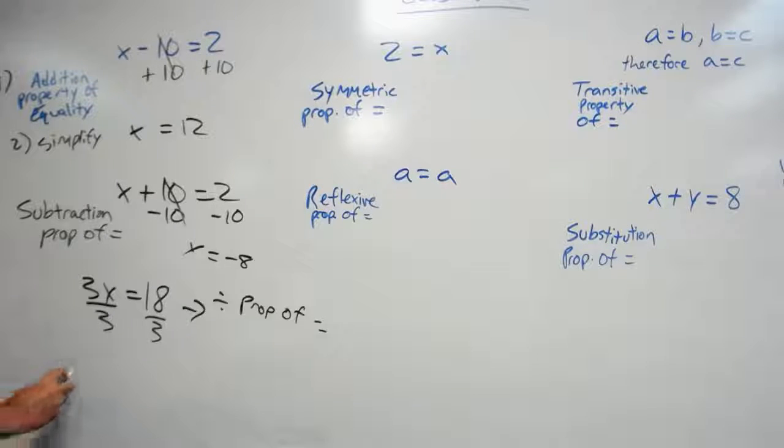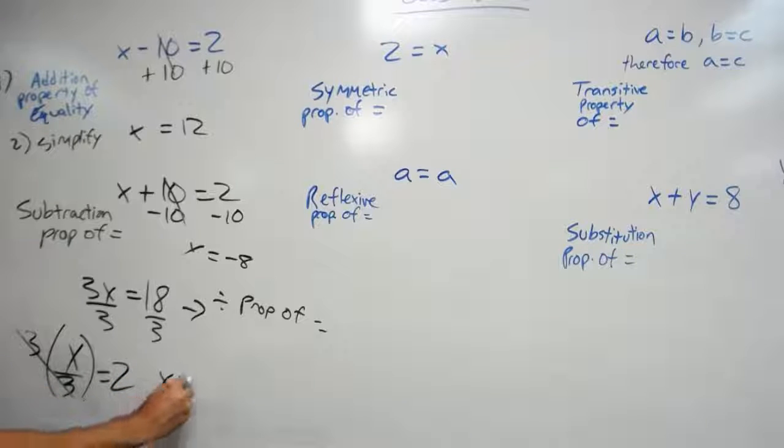Or if we had x over 3 equals 2, well, when we multiply by 3, that's the multiplication property of equality. So those are some easy ones, and I'll show you how we use those in a minute.